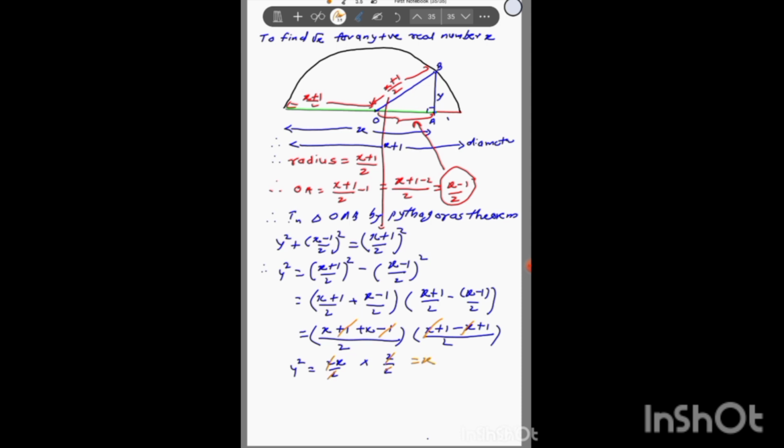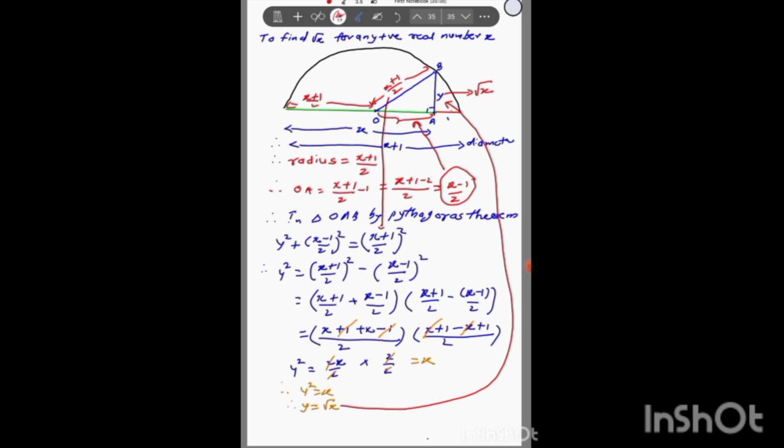So y square is x. So y equal to root x. Have you seen this? So this value of y, root x, is equivalent to the root of the original segment drawn x.